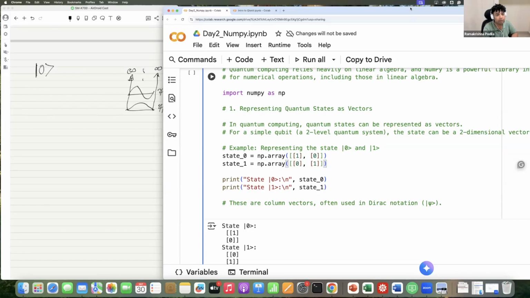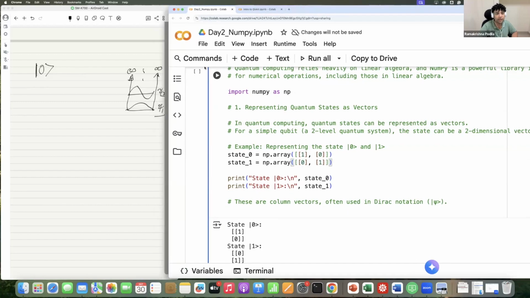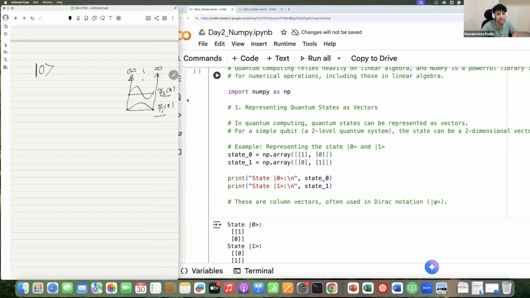So I could take psi1, psi2 as the basis, and I could write the 0 state as a combination of these two. Let's say 0 is related to psi1 of x, and 1 is psi2 of x. These could be anything. These are the basis vectors.